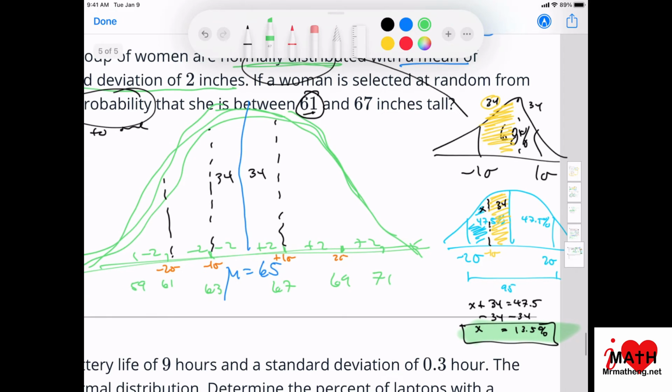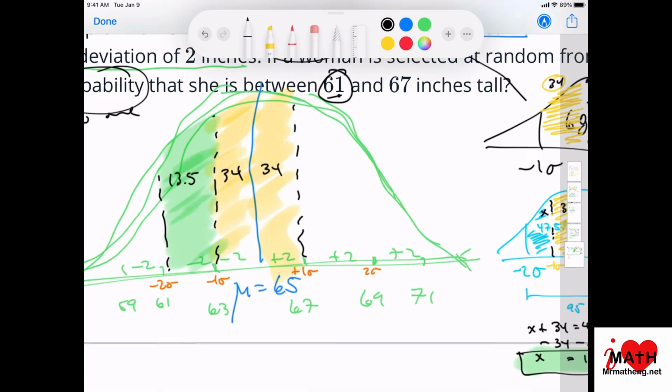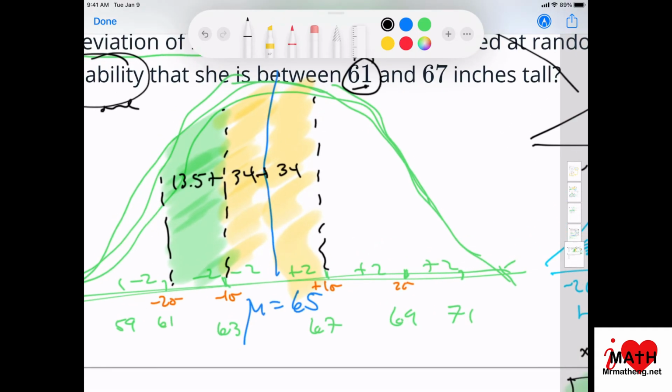Okay, why did I need to know that? Because I need to know this area, which was the green, and we did 2 yellows, so that's 34. So now I can go back and say, well, this is 13.5. So if I add those 3 numbers together, 34 plus 34 plus 13.5, I get 81.5. So all of this area green plus yellow is 81.5%.